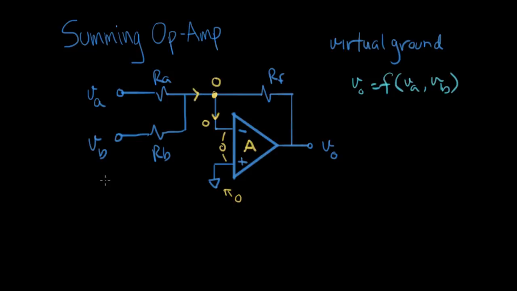Let's figure out what that is. We'll call that I. And we can express I in terms of VA and VB and these two resistor values. So I equals, well, we have IA here, and we have IB flowing here. That means that I equals IA plus IB.